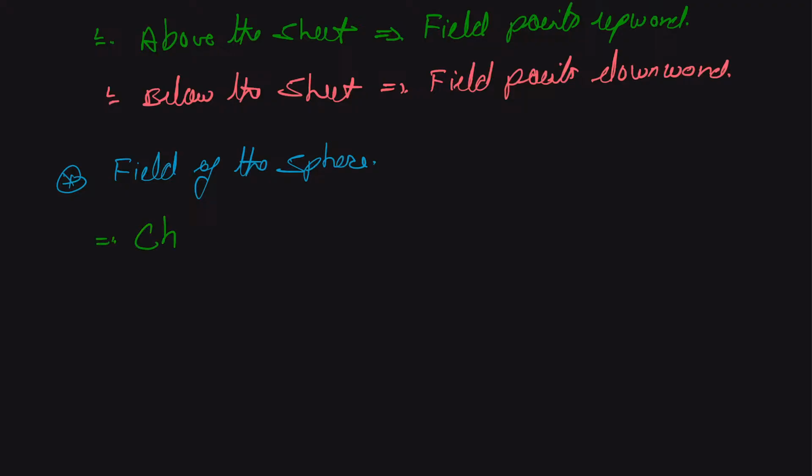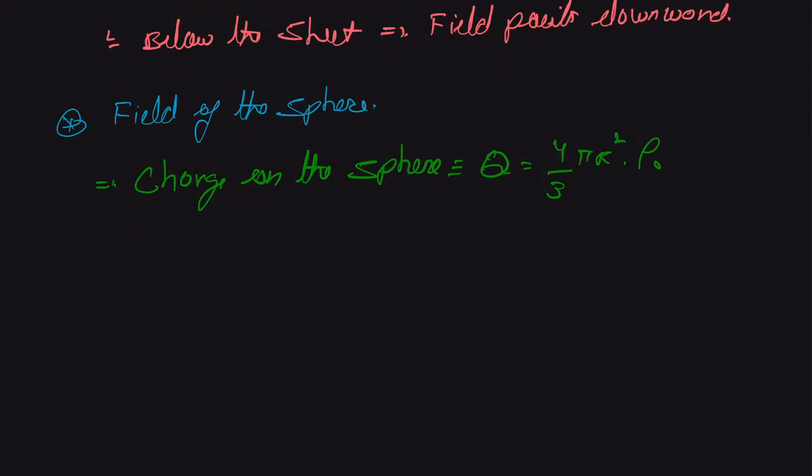You can see that our charge on the sphere, let us suppose it is given as Q, then Q will be equal to its volume multiplied by the volume charge density that is given as rho naught. Therefore, we can write that electric field at a distance r from the sphere.